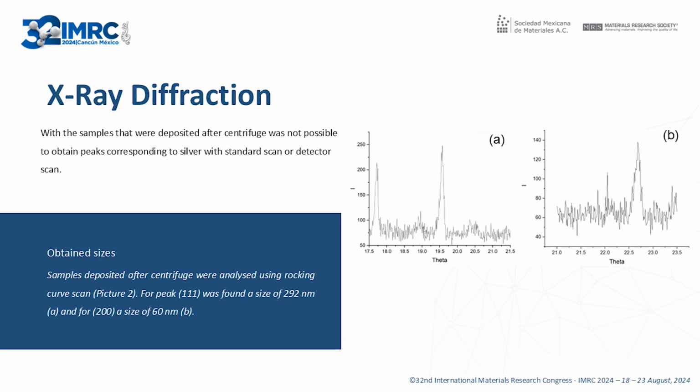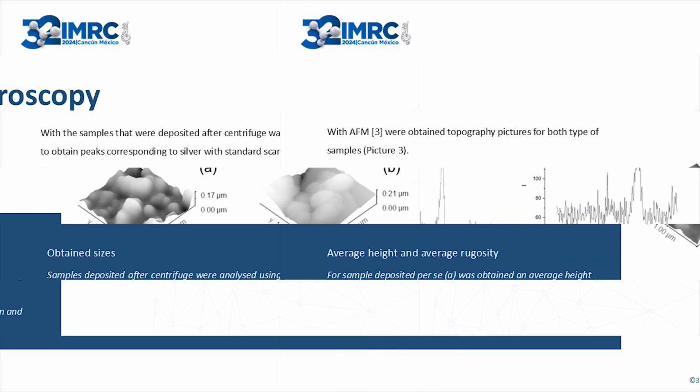In samples deposited after centrifuge, it was not possible to obtain peaks corresponding to silver with the standard scan and detector scan, so they were analyzed using a rocking curve scan, as shown in picture 2. These peaks reveal a size of 292 nanometers in the 111 direction and 60 nanometers in direction 200.